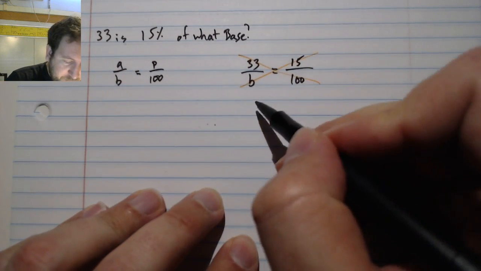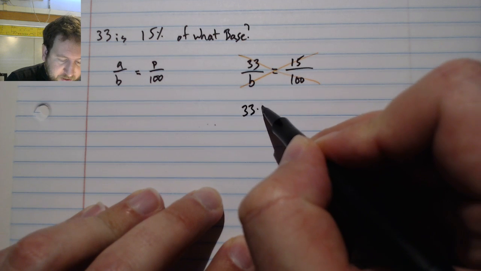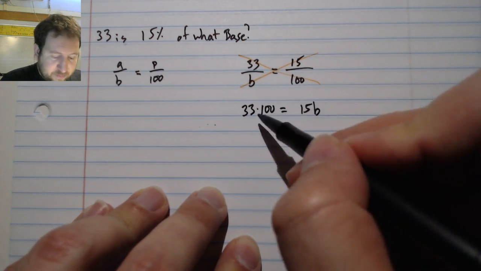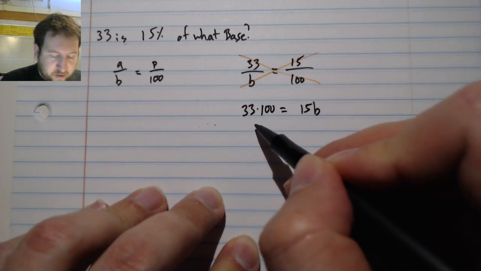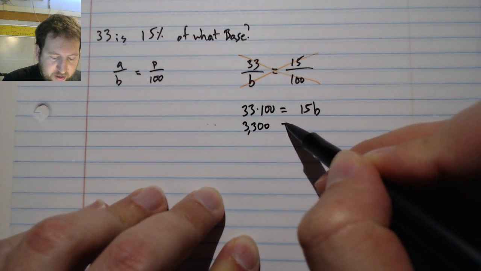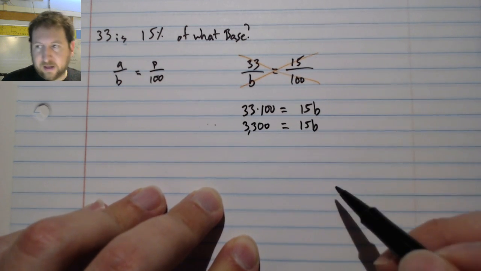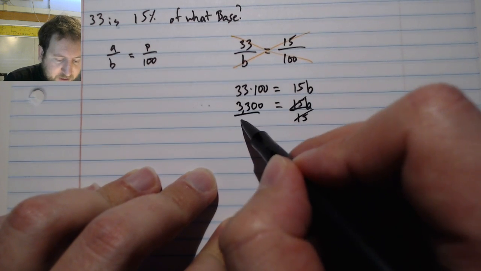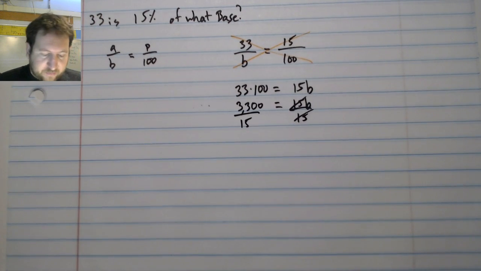So let's do that. I have 33 times 100 equals 15b. Okay, this part's easy. I can just move the decimal point 2 over. So I have 3,300 equals 15b. From this point, I'm going to get rid of that 15, and I have to divide this side by 15 as well.